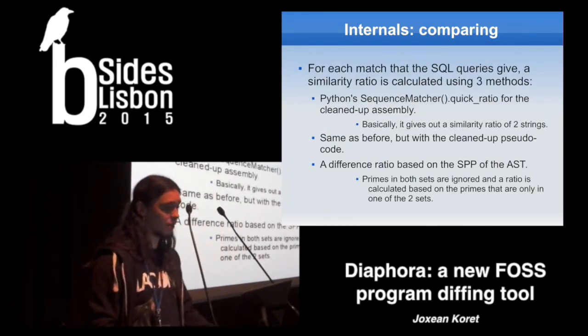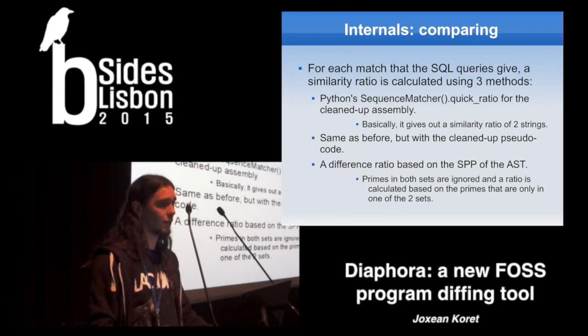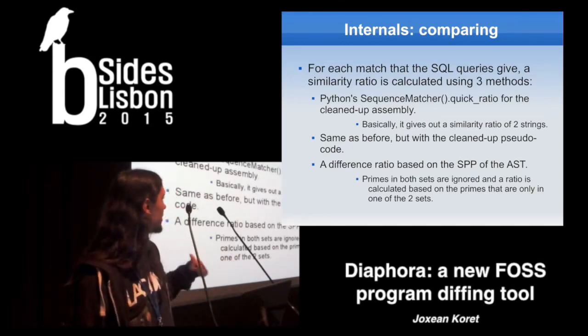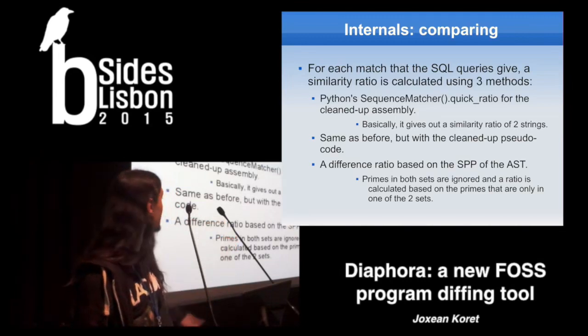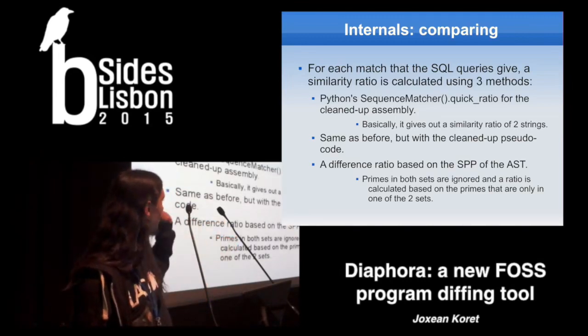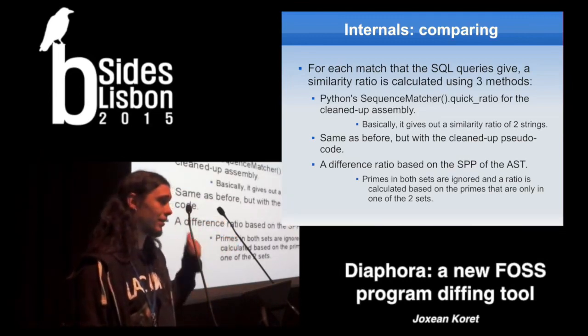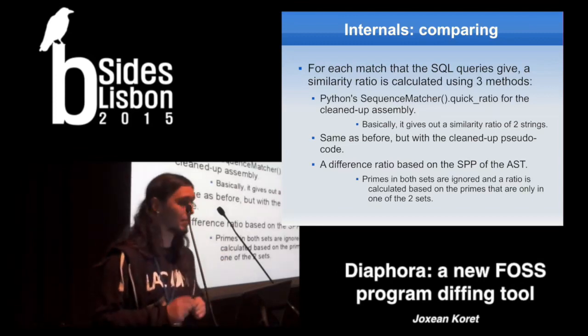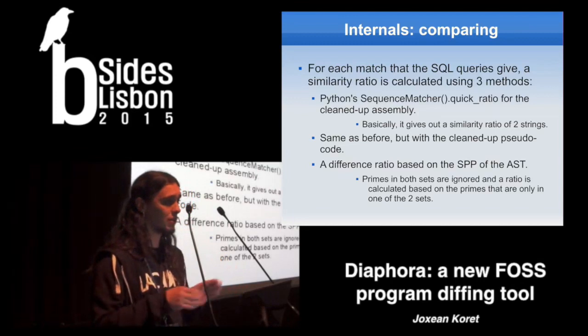Okay. So, for each match that we have from the SQL queries that we run, a similarity ratio is calculated using 3 methods. The first one is the easiest one. I simply use the SequenceMatcher quick_ratio member function from Python, comparing either the assembly or the pseudocode. It basically gives a similarity ratio between two strings.